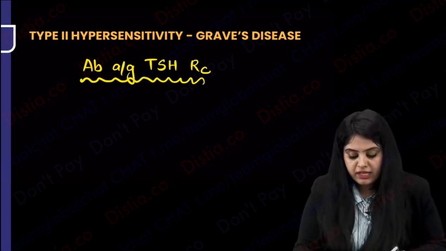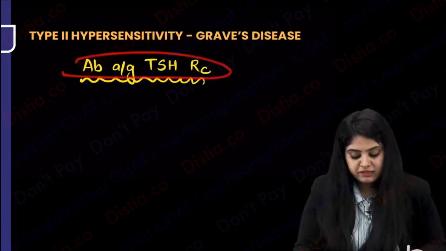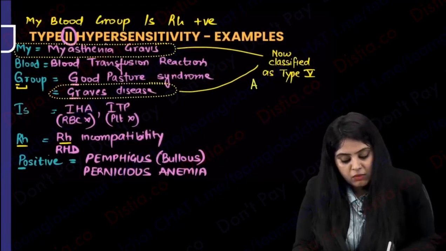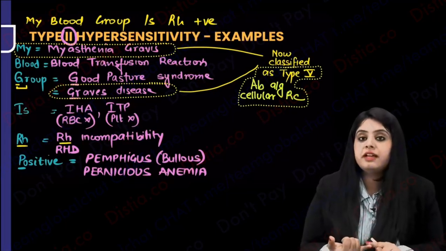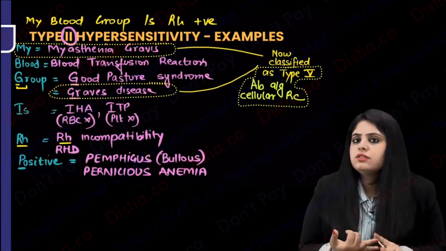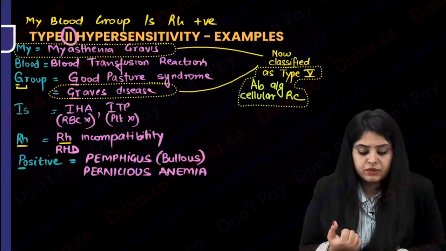There are antibodies against acetylcholine receptor and antibodies against TSH receptor. So my concept says that whenever there are antibodies against some cellular receptor, you will label that as type 5 hypersensitivity. Cellular receptor, like in myasthenia gravis, it is the acetylcholine receptor. For Graves' disease, it is the thyroid, so the TSH receptor.